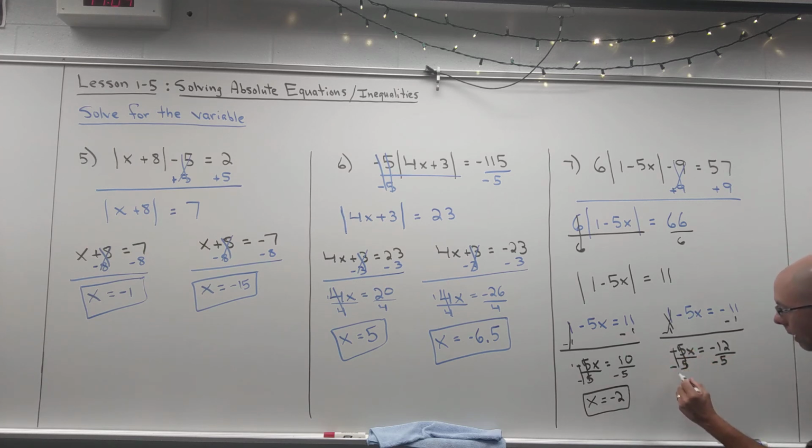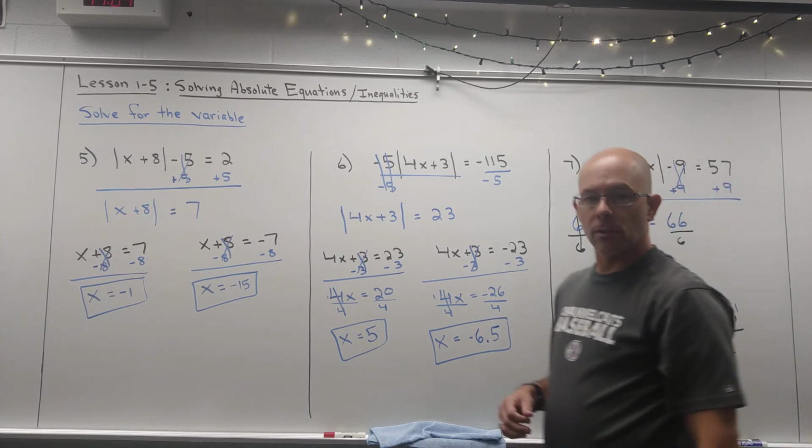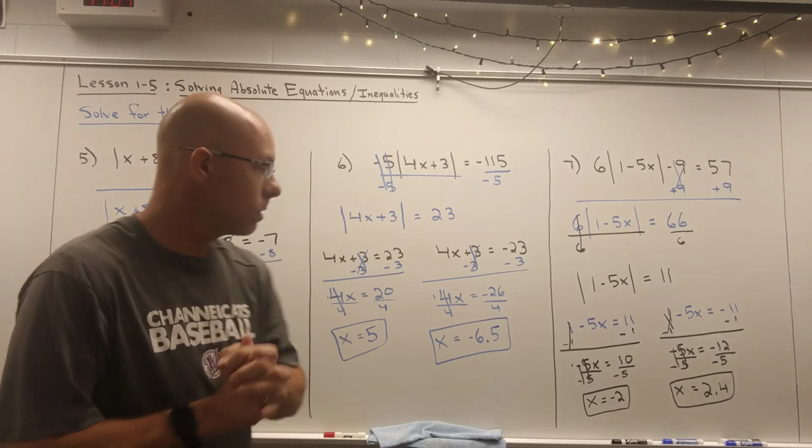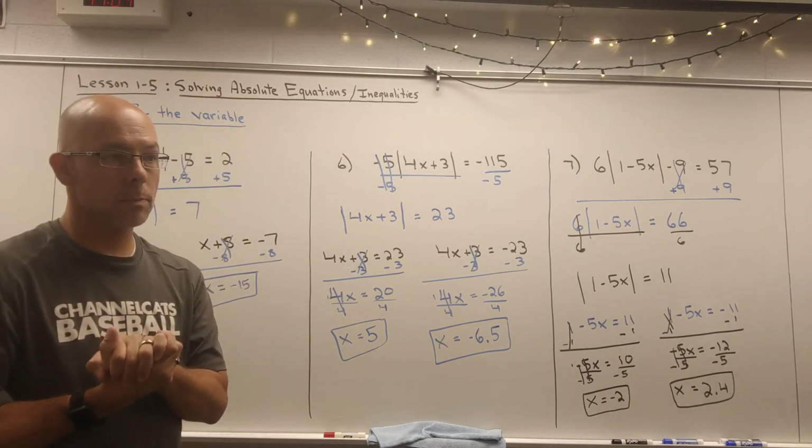Negative 5 divided by negative 5 is 1x. This is going to be positive, 2.4. And there's that. Okay? So that's how that all works, people.